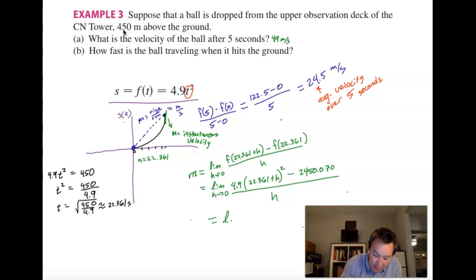All right, so once again, you need to multiply out the numerator. And I will tell you that 22.361 squared times 49 equals this. So 2450.070.